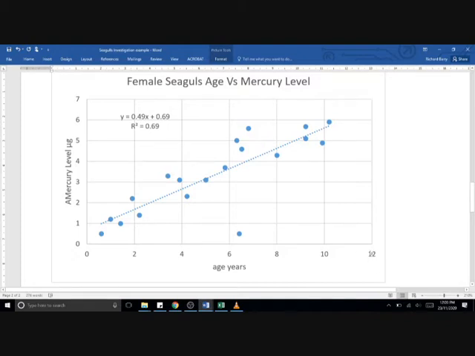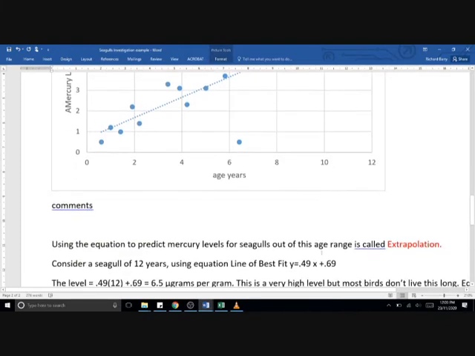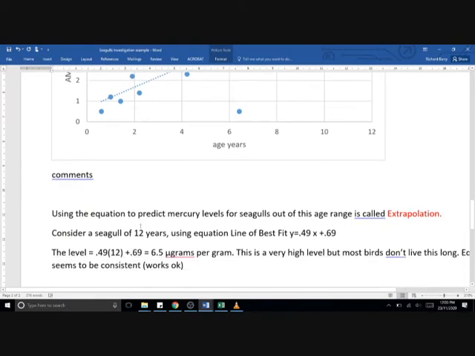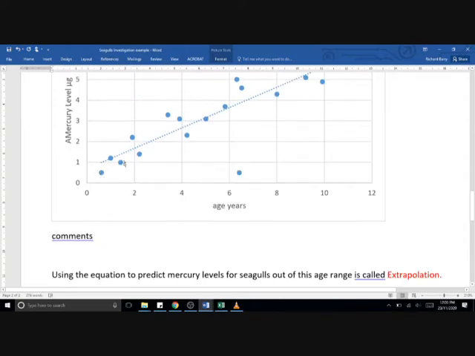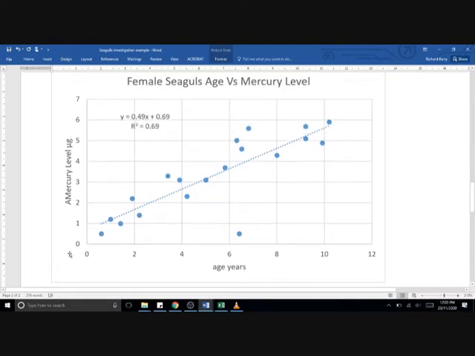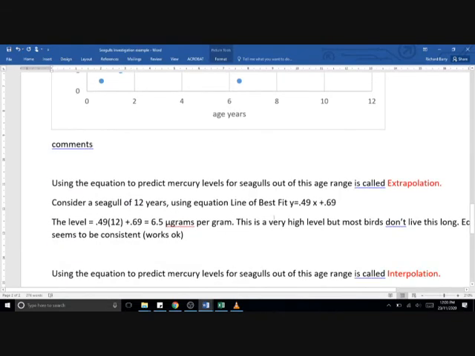However, we can use substitution in mathematics. So, use the equation to predict the mercury levels for seagulls out of this range. This is called extrapolation because it's outside the range of the given values, which go from 0.6 to about 11. So 12 is outside.